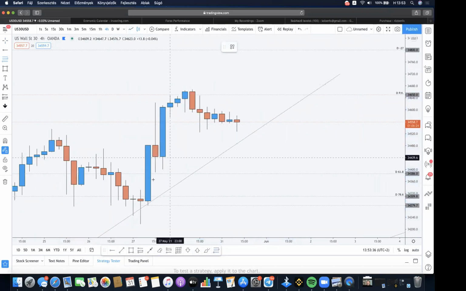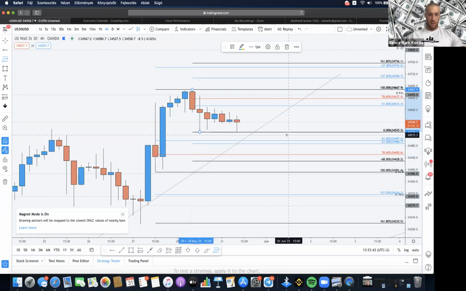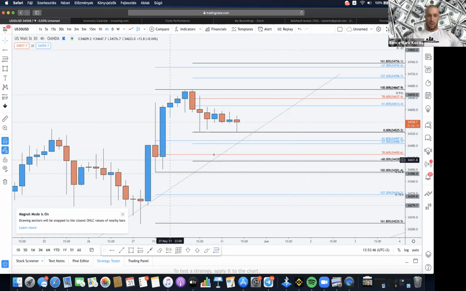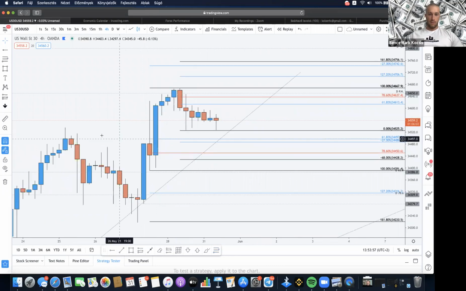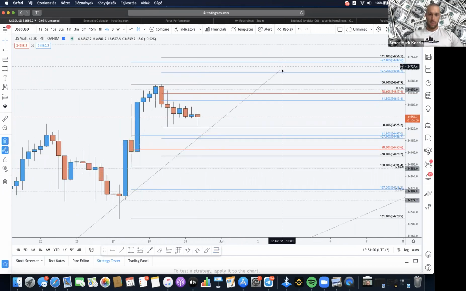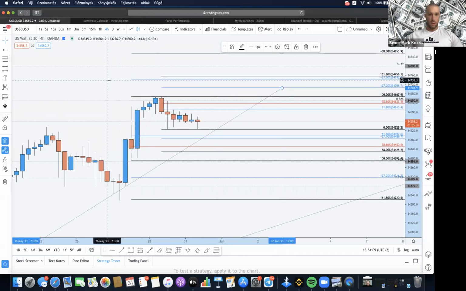Okay, so let's have a look. Low to high and high to low. So what we can see, the 78.60 is really close to the minus 68, and the 61.80 is really close to the minus 27. So what I'm expecting now is a pullback to the downside to these two levels. When the price comes to these two levels and we get the confirmation entry on the lower time frame, we can take long.